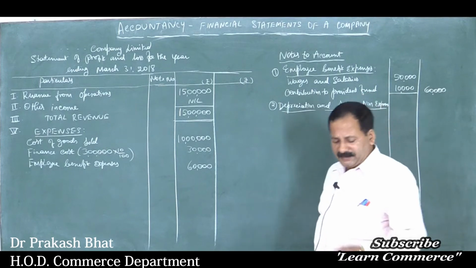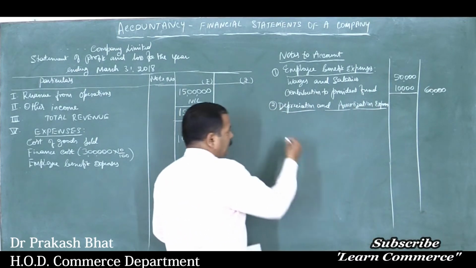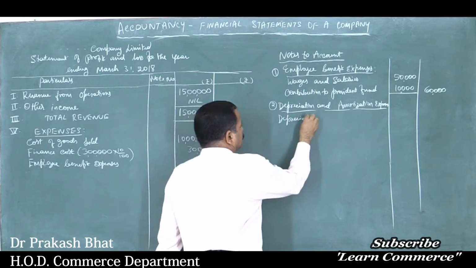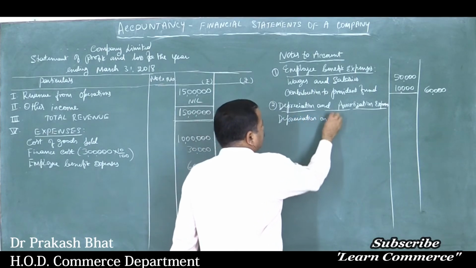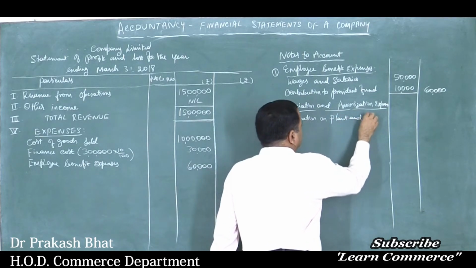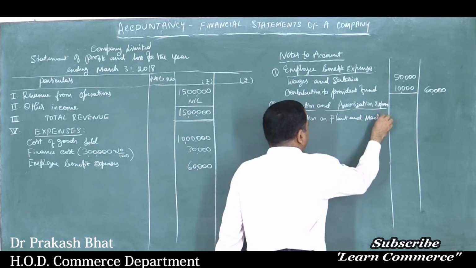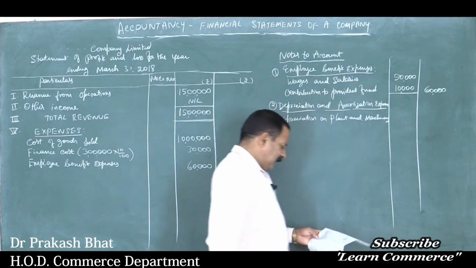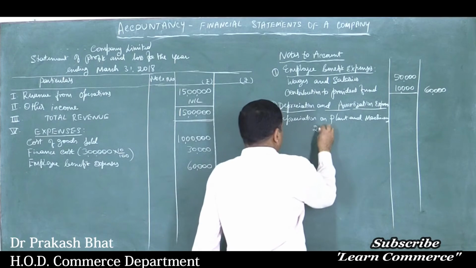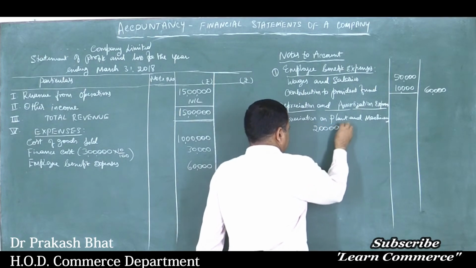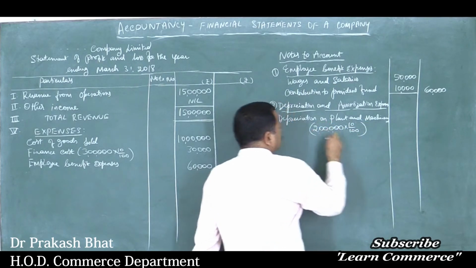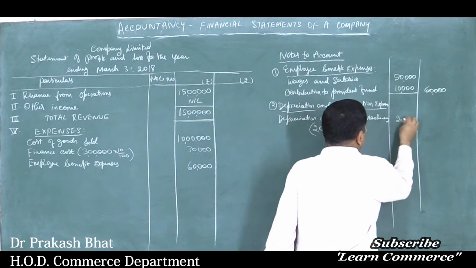Under that, depreciation on plant and machinery, how much? 2 lakh into 10%, right? 20,000, inner column.